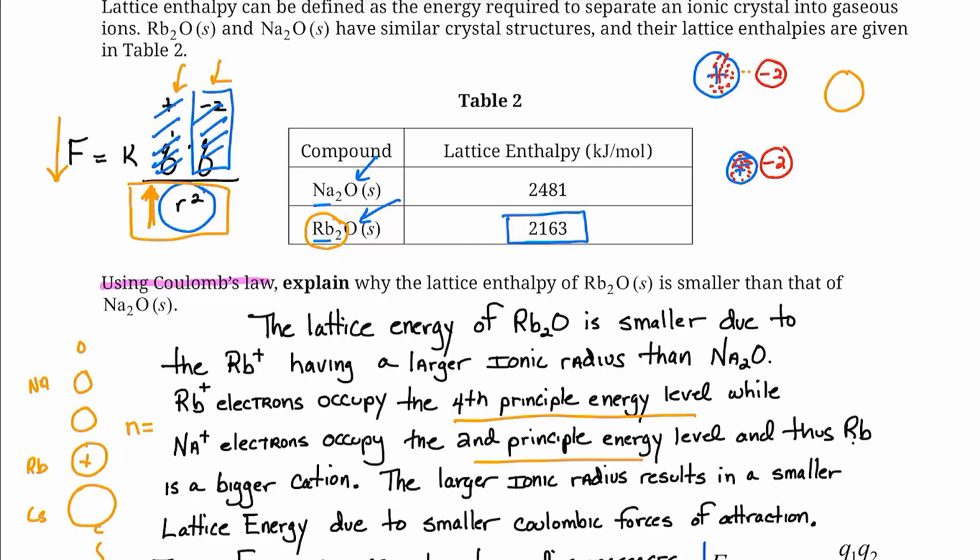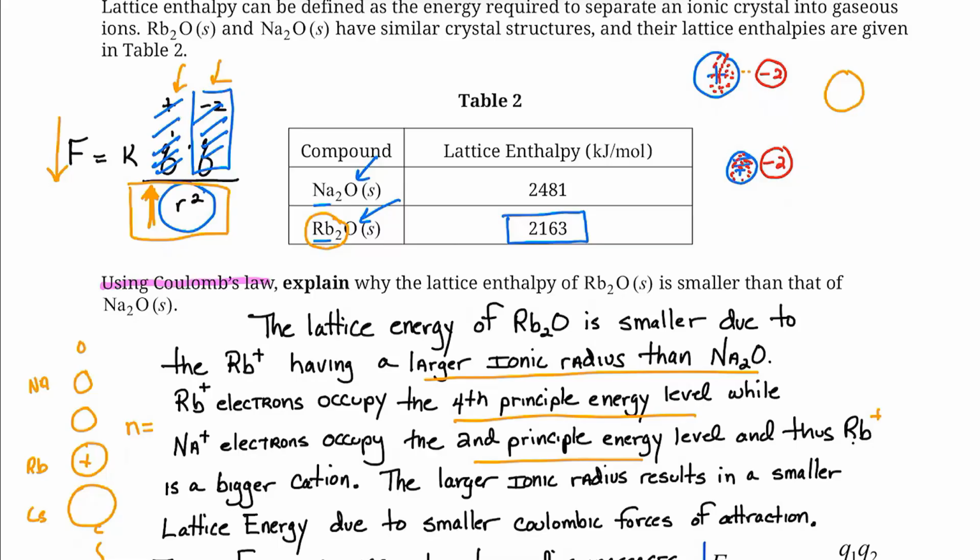The lattice energy of Rb2O is smaller, due to having a larger ionic radius, not atomic radius, ionic radius as a charge, than Na2O. Rb electrons occupy the fourth principal energy level, while the Na plus ions occupy the second level, and thus Rb positive, I should say, is a bigger cation, just a word for positive charge.